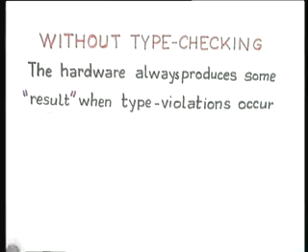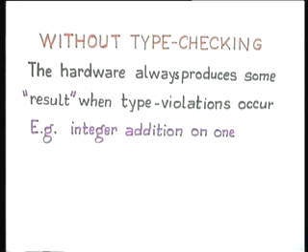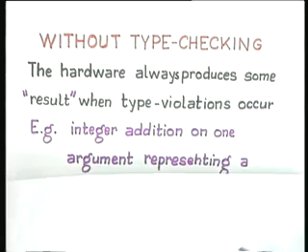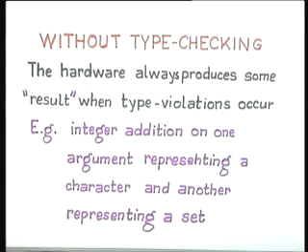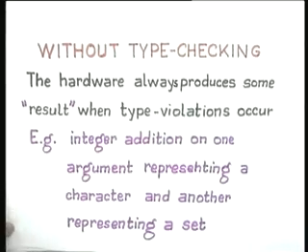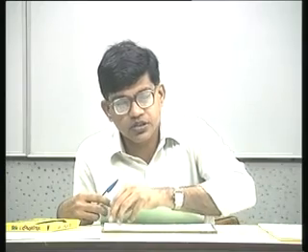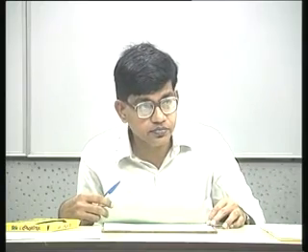Okay. So for example, you could do integer addition on two arguments, one of them representing a character, another representing, let us say, a set. Since the hardware is untyped, memory locations are untyped, registers are untyped, they are just bit strings. So you will get something, but the problem is that you will not be able to interpret the result.